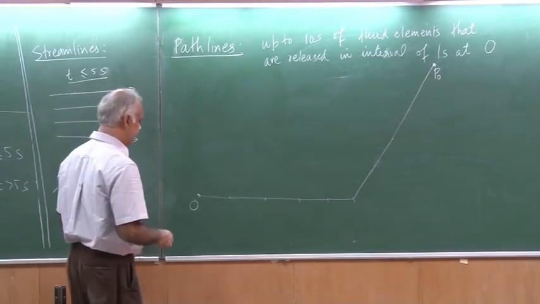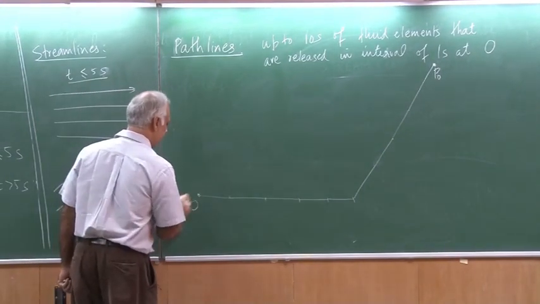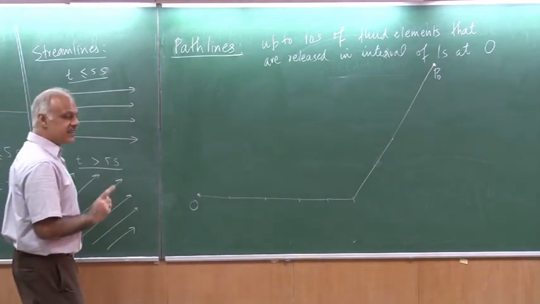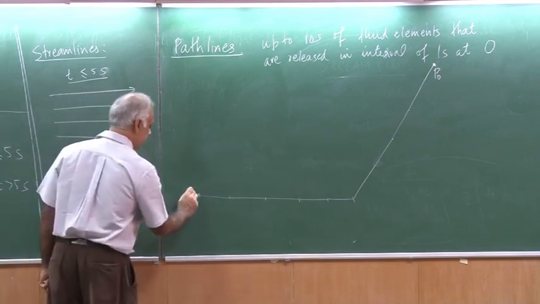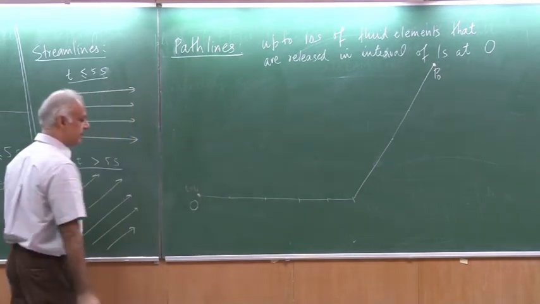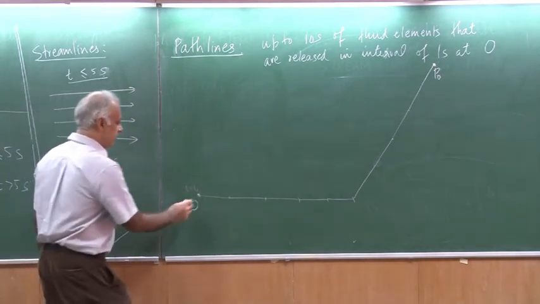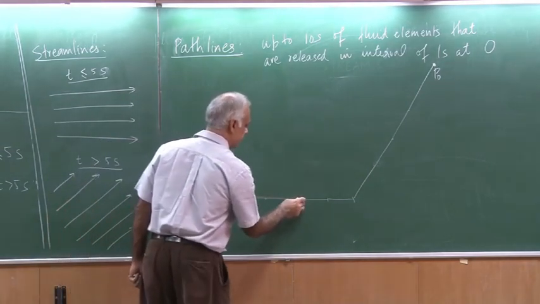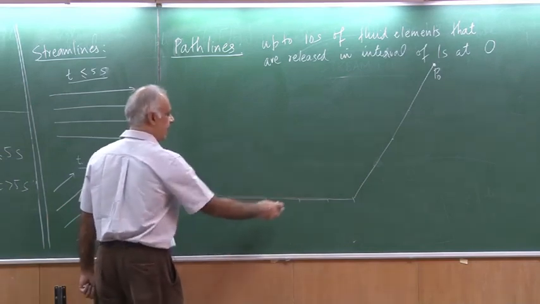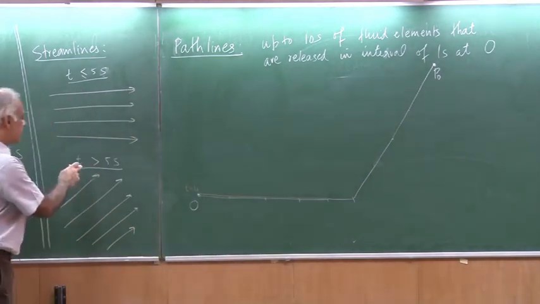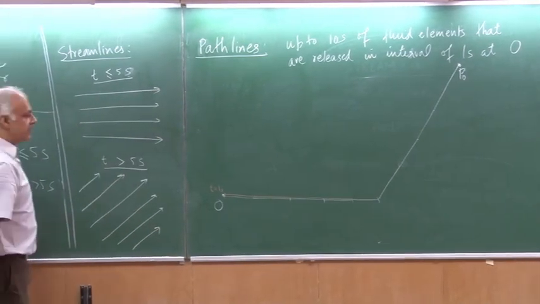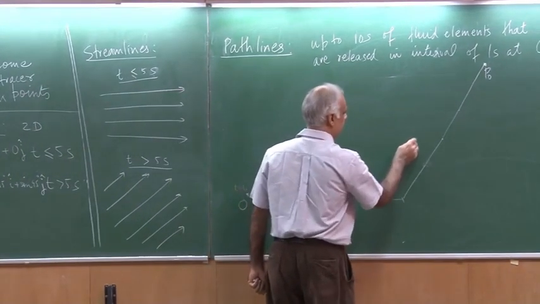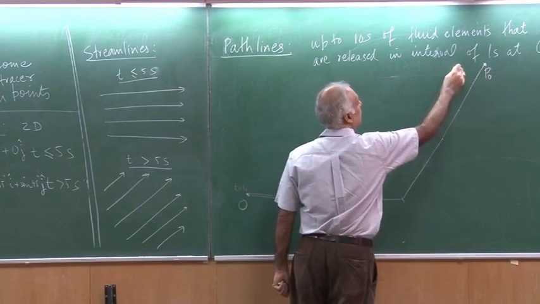Let me now trace the particle which is released at 1 second. So let me start from this point. The particle which is released at t equal to 1 second goes up to here, 2, 3, 4, and now because the velocity changes at t equal to 5 seconds, this particle is now going to go something like this.